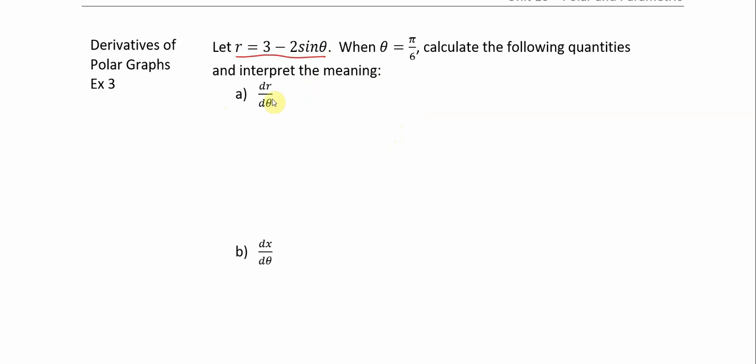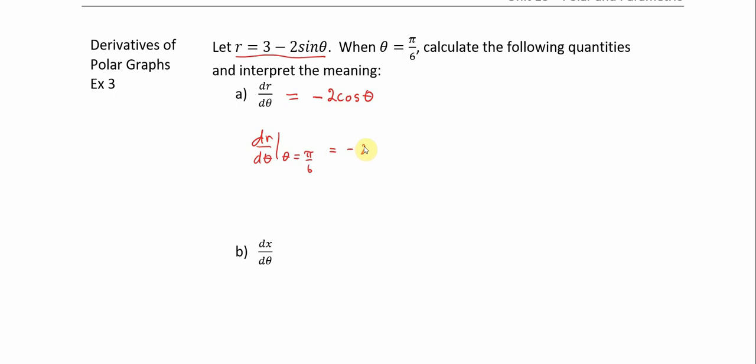So dr d theta is the derivative of r with respect to theta, which is not hard at all. We can take this equation and just work it through as it is. The derivative of 3 is 0, the derivative of sine is cosine, and this is negative 2 sine, so it becomes negative 2 cosine theta. We want the derivative dr d theta at theta equals pi over 6, so we just plug in pi over 6 for theta.